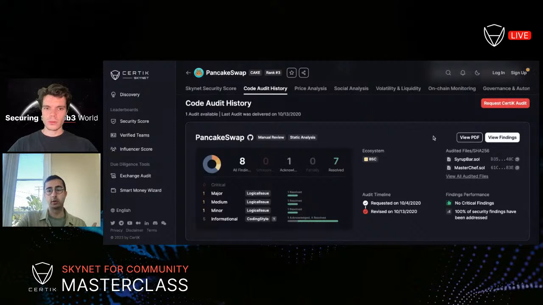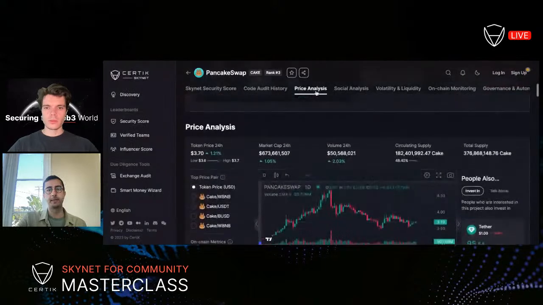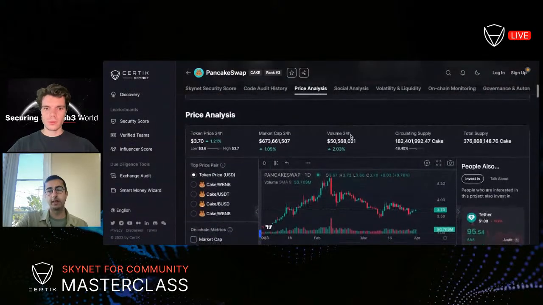I can just run down the list. So the first one is the code audit history. It's pretty similar as before, where you can review the project's audit coverage. You can see the audit results, and you can dive into more detail to see what took place. This is only the case if the project's been audited by CertiK. As you mentioned, there are non-CertiK audited projects, and those won't have any of this available either. Moving down a little bit more, we have price analysis.